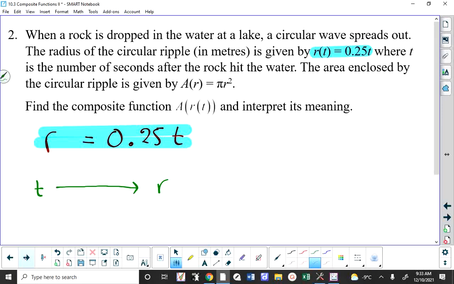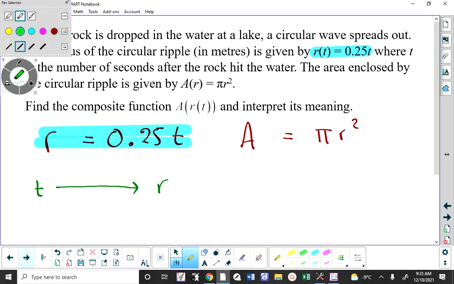On the other hand, you're told that the area of the circular ripple, this should be no big surprise, is pi r squared, right? I mean, that's the area of a circle. And again, I've changed something just ever so slightly when I went from the formula given in the question for area to what I've written here.